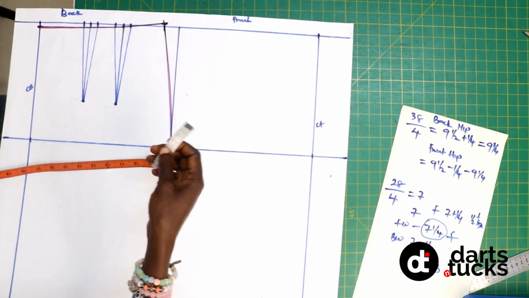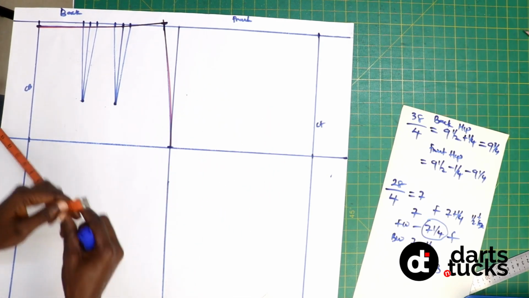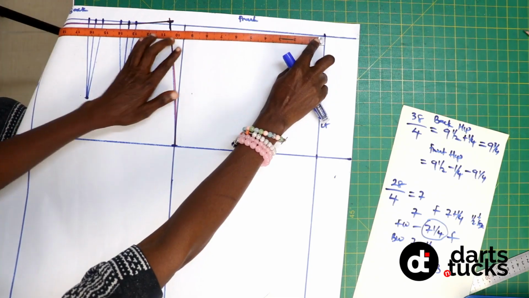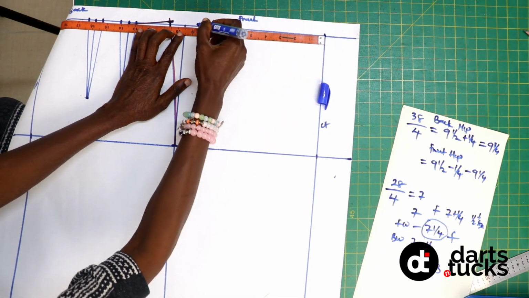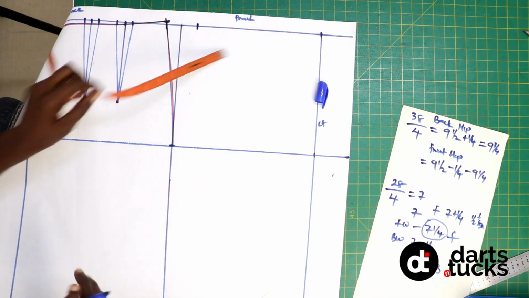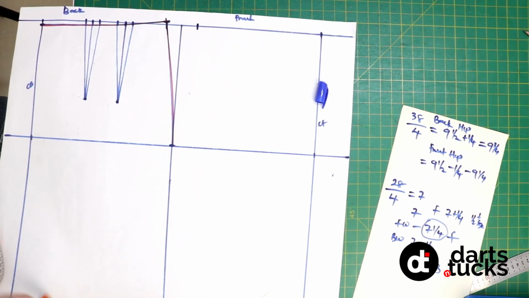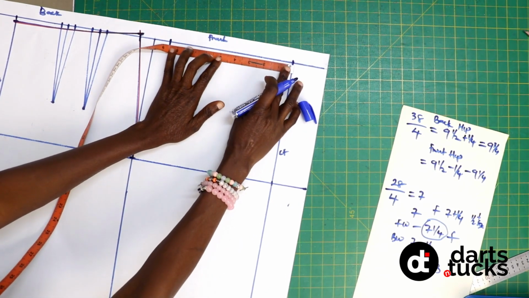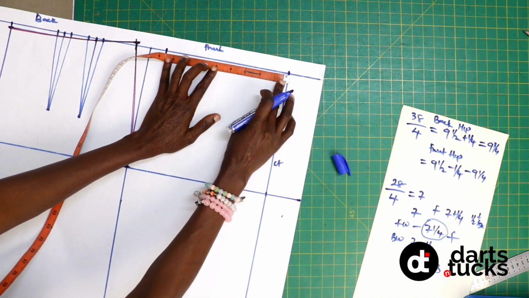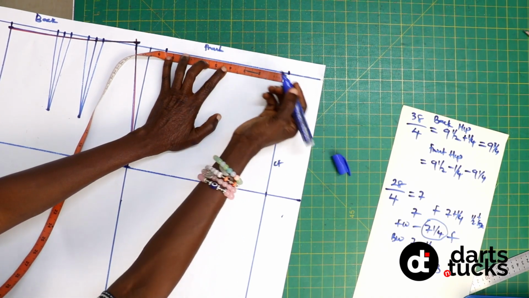So from the center front here, I'm going to do that 8.5 and mark it. So after marking the 8.5, we're going to take our dart placement from the center front again, which is 3.25.